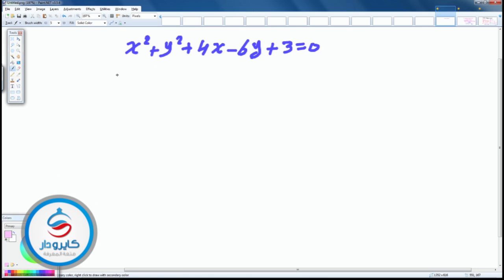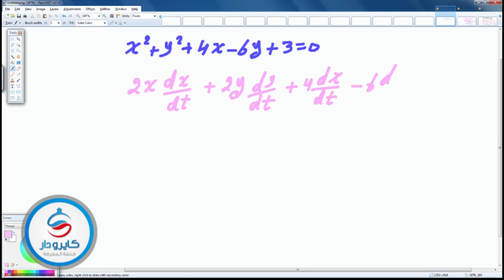To differentiate to the time, now we have 2x dx over dt plus 2y dy over dt plus 4 dx over dt minus 6 dy over dt equals 0.